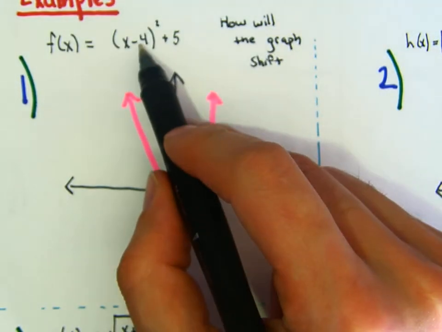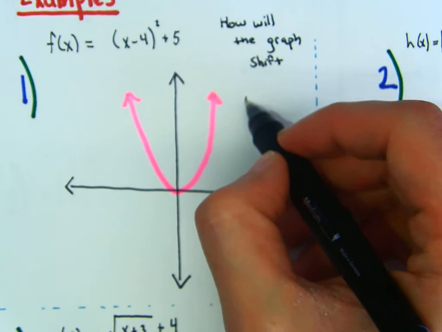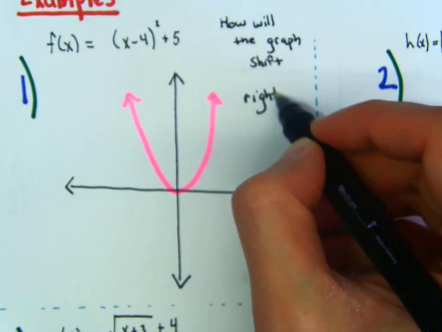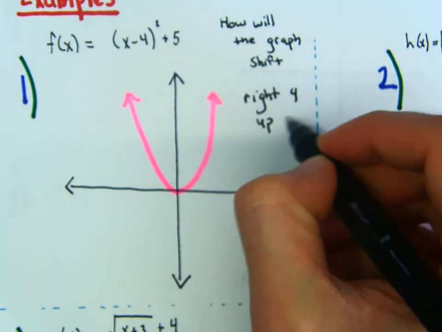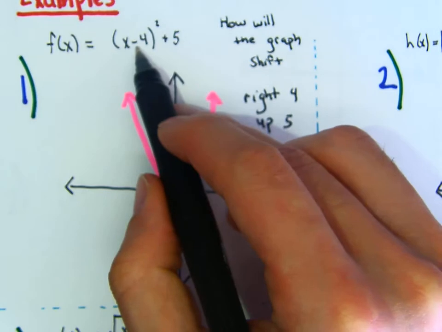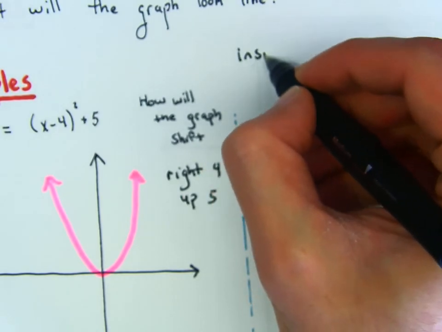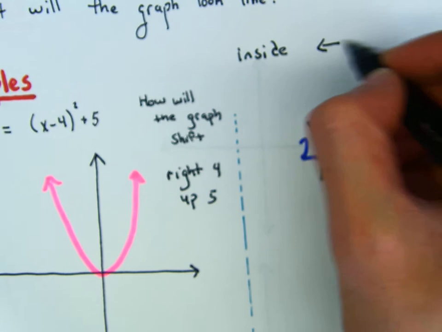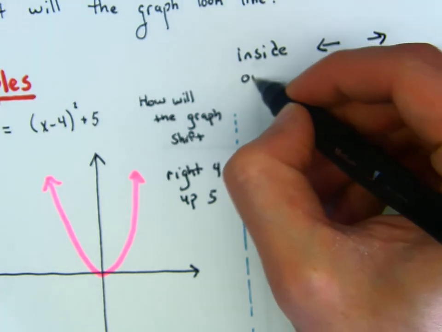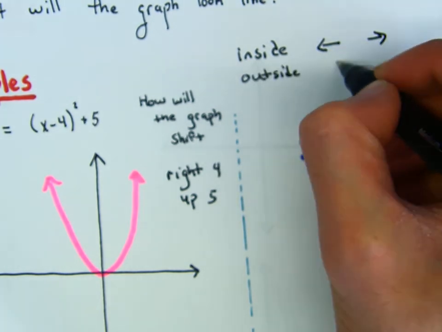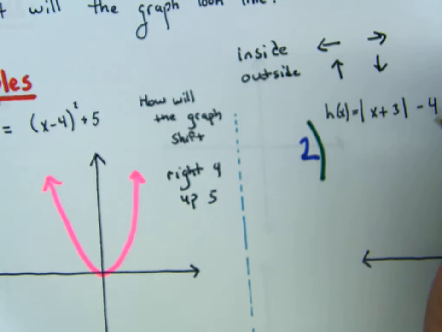Notice that if I have a minus 4 over here, it's going to be right 4 up 5. Right? Because the inside, and here you could write it over here if you want, inside goes left and right, while the outside shows up and down. Right?